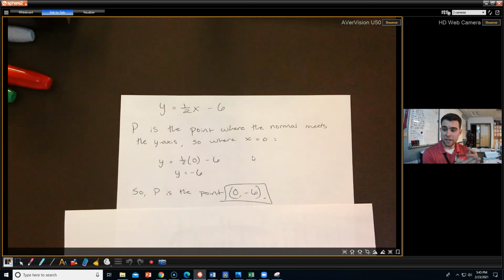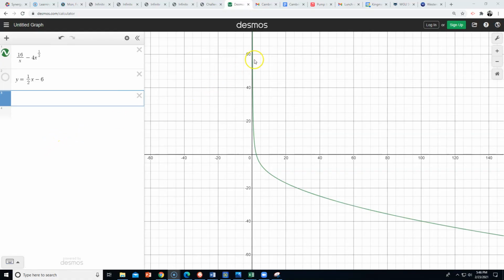that meets not only the curve at the point (4, -4), but also meets the y-axis. Again, let's go to Desmos and see what that looks like. Here's my original curve, and I'm going to graph the equation of the normal line we just found.